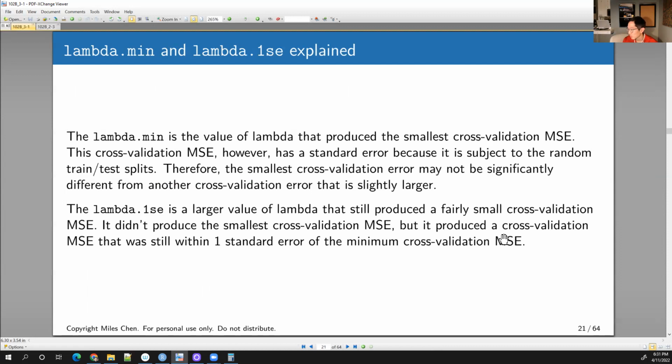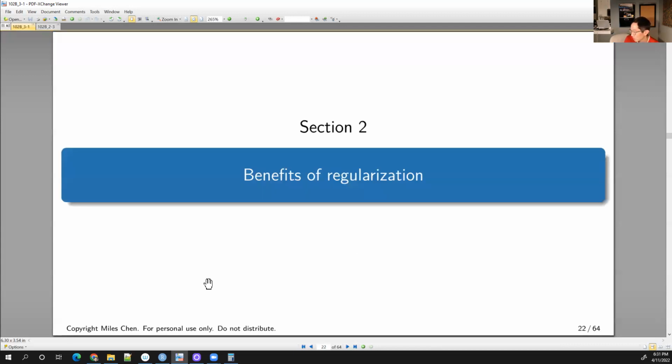Therefore, the smallest cross-validation error may not be significantly different from another cross-validation error that is slightly larger. The lambda.1se is a larger value of lambda that still produced a fairly small cross-validation mean squared error. It didn't produce the smallest, but it produced a cross-validation MSE that was still within one standard error of the minimum cross-validation MSE. So this is often the lambda that we recommend.